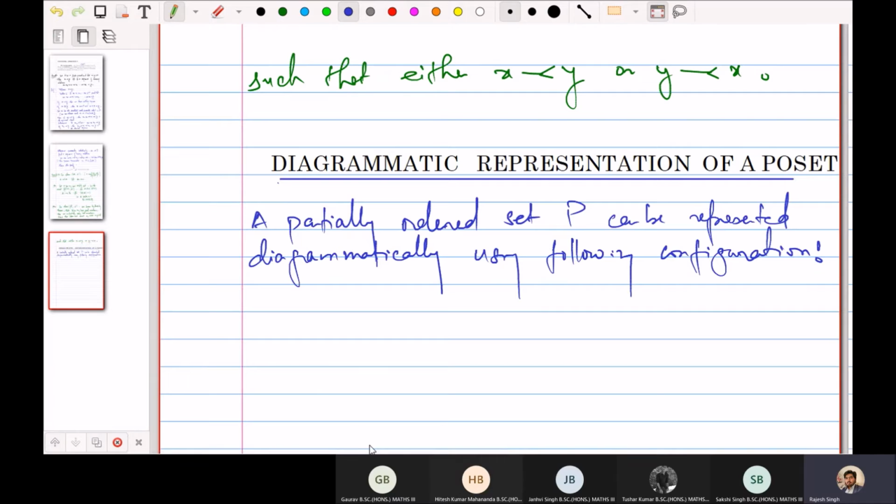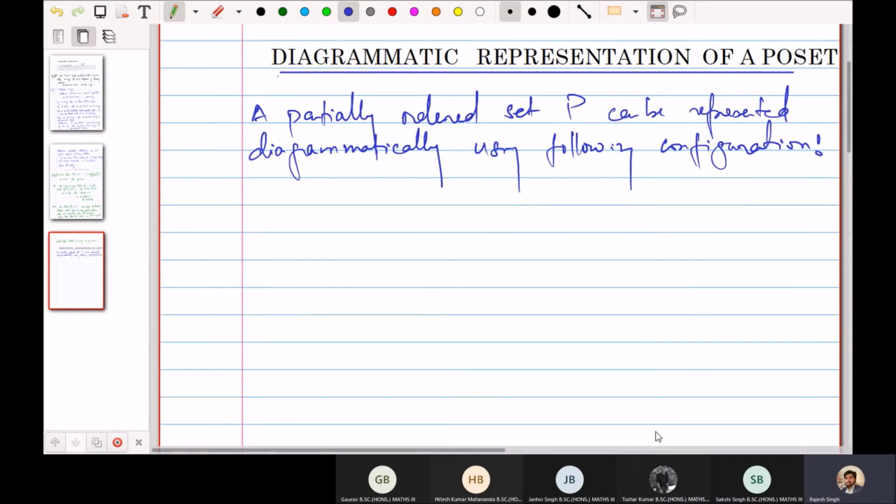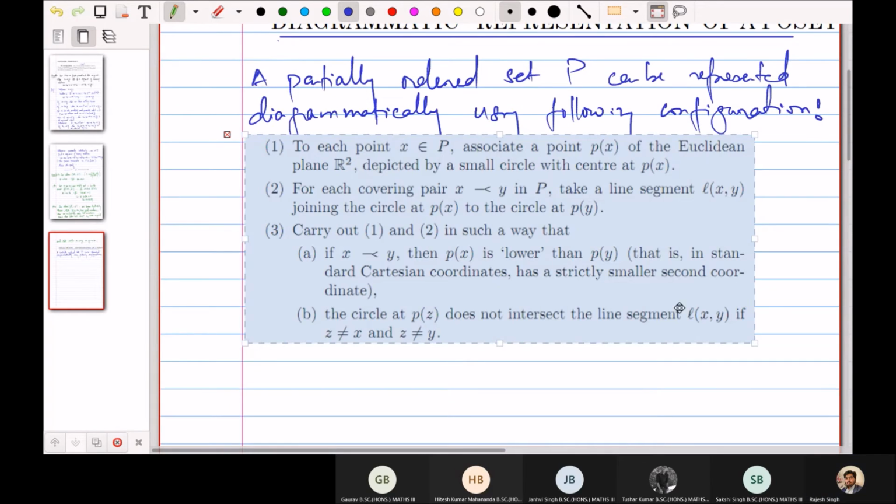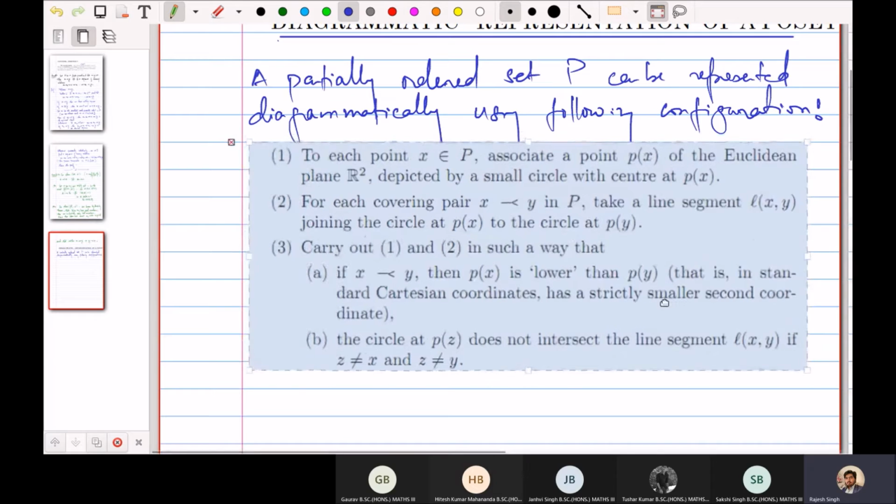Let me state the rules for you. So these are the rules.